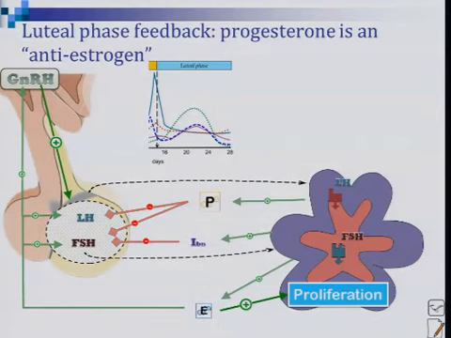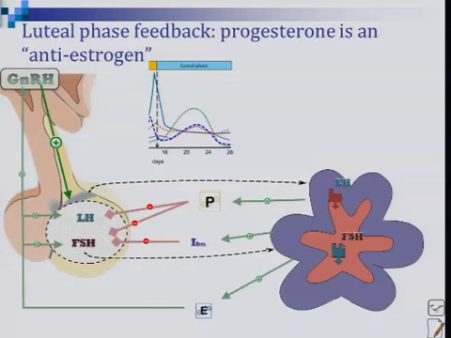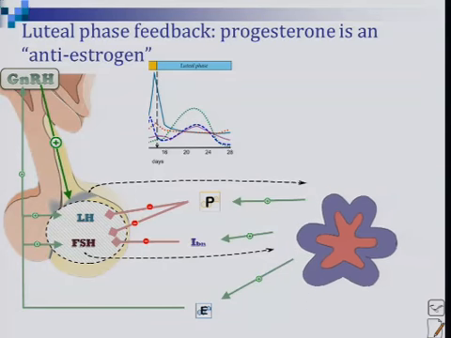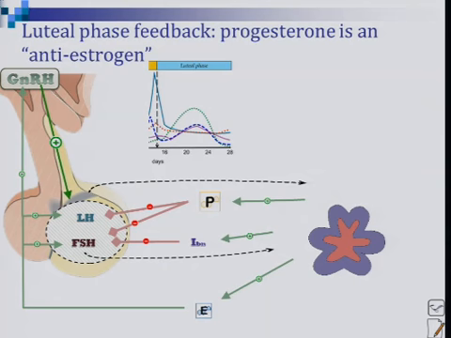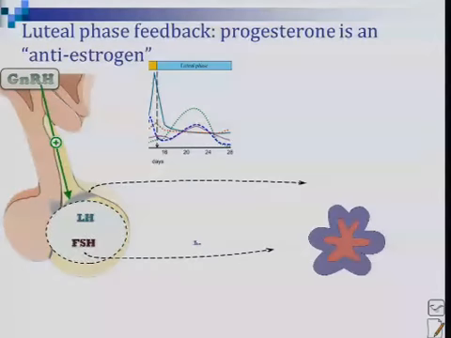That reduces the positive feedback effect. And importantly, the proliferative effect of estrogens. That causes the corpus luteum to atrophy and eventually to stop producing progesterone and dramatically reduce inhibin synthesis.